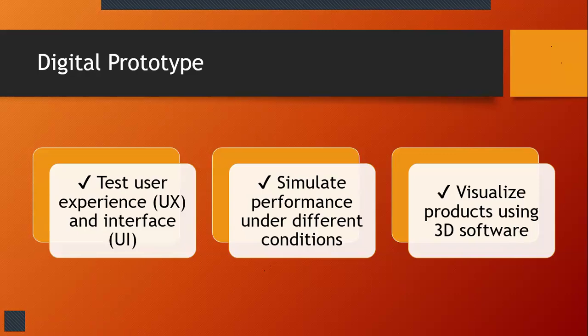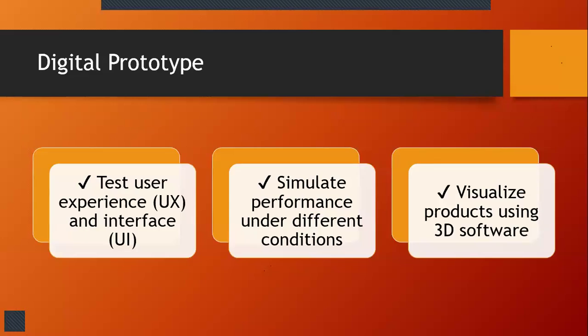And we can even connect different interfaces to each other and see how they communicate together. Likewise, we can identify different connectivities and the functionalities and the user interface, everything about the digital product using this digital prototyping.